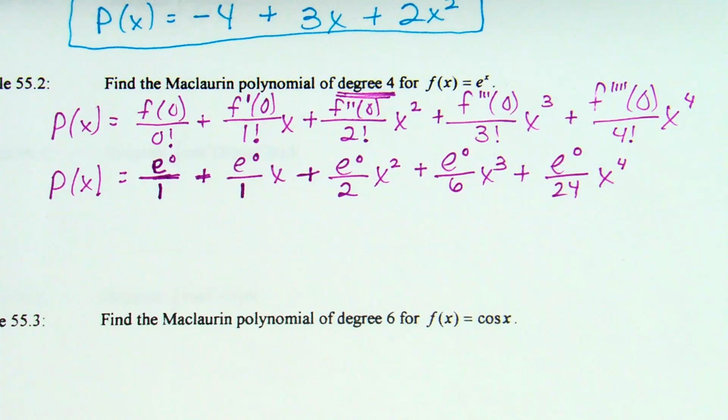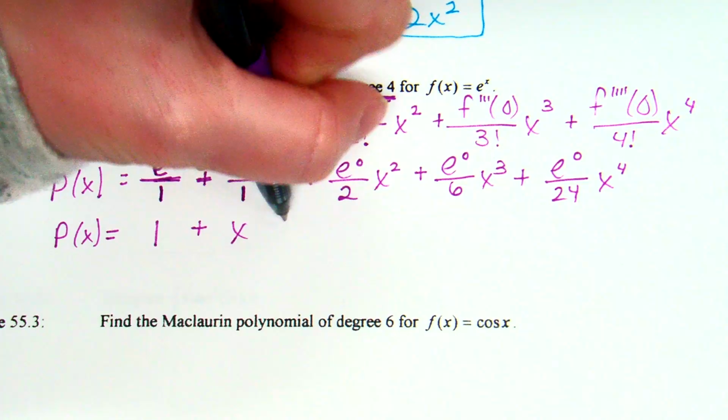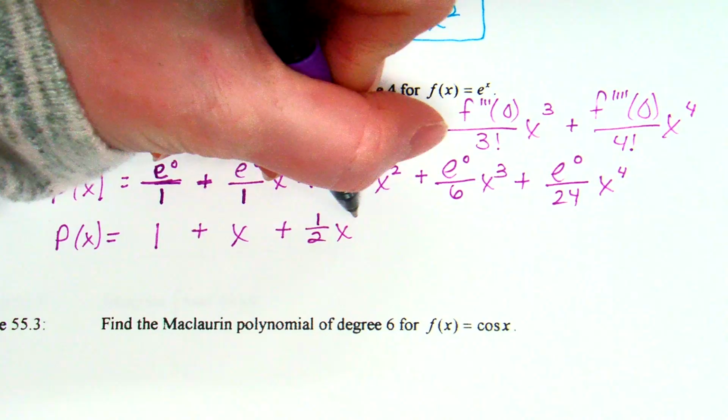So there's a couple different ways you could write this. If we just do the cleanup, it's 1 plus 1x plus 1/2 x squared plus 1/6 x to the third plus 1/24 x to the fourth.